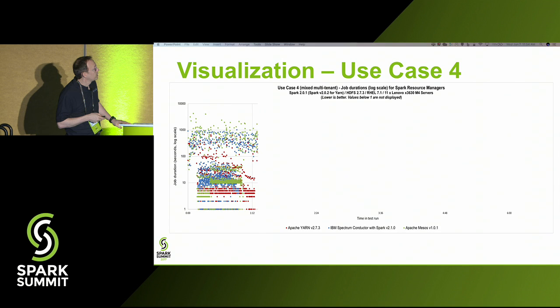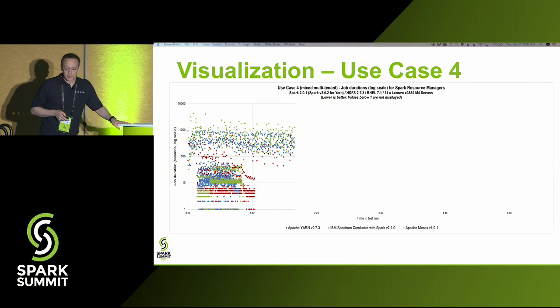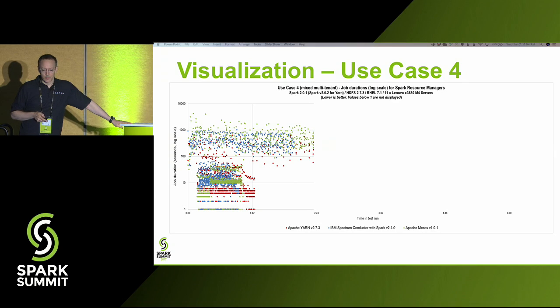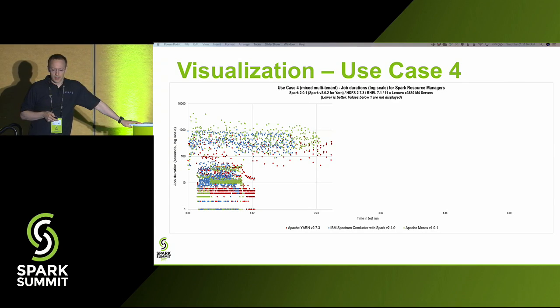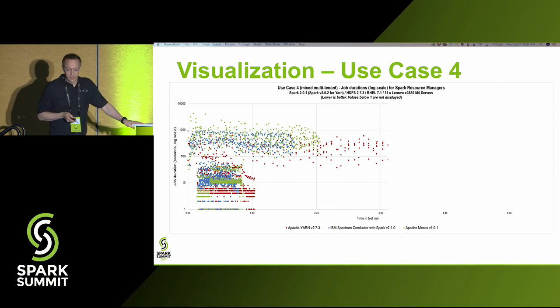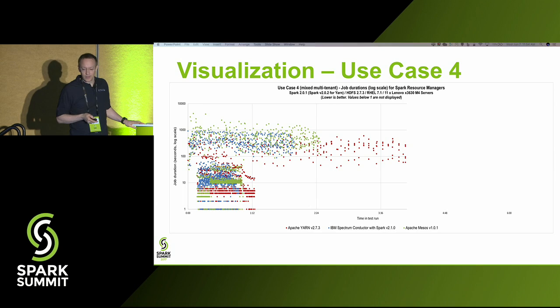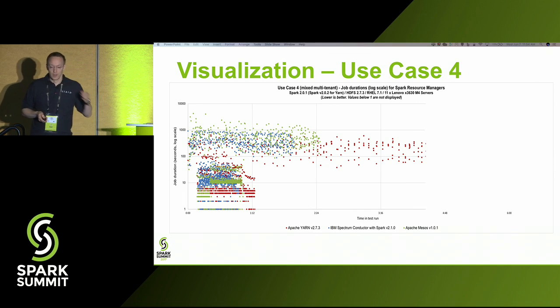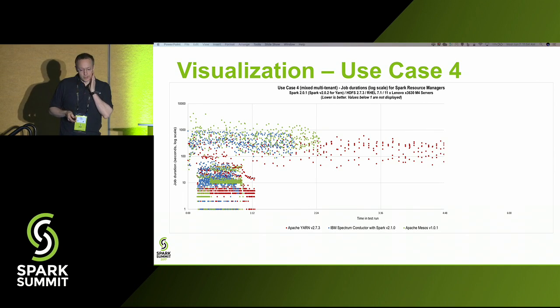The interactives are playing, and now the interactives are done, and the batch workloads get the resources back, and Conductor finished. Conductor finished. Mesos finished a bit later, and now Yarn is still chugging along on these batch workloads.